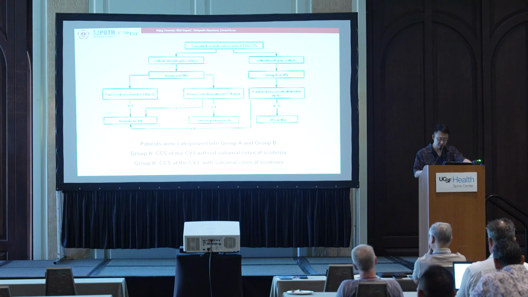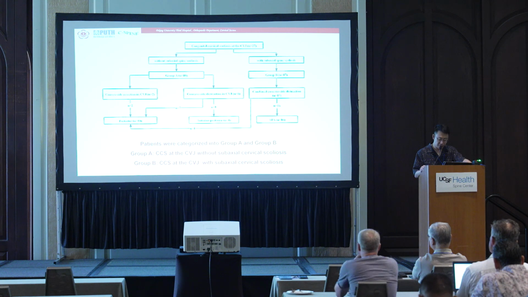Based on the deformity characteristics and the corresponding surgical strategies, the 27 patients were categorized into two groups. Group A means cervical scoliosis involving the CVJ region only, without subaxial cervical scoliosis. And Group B means cervical scoliosis involving the CVJ region combined with subaxial cervical scoliosis.